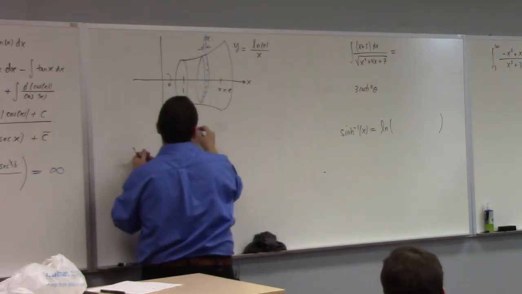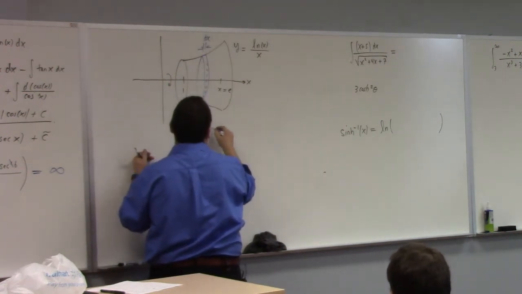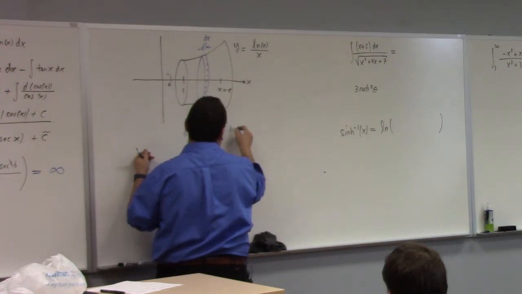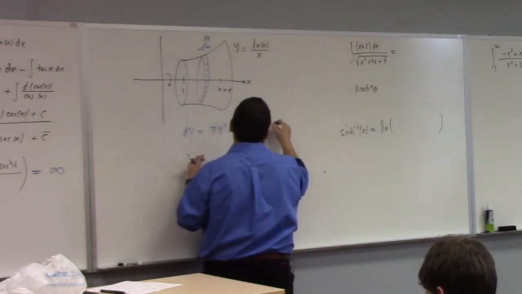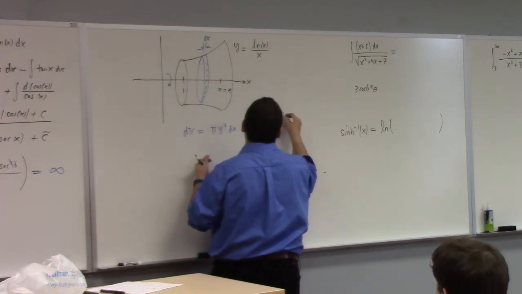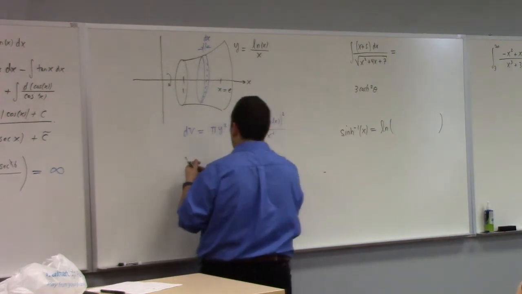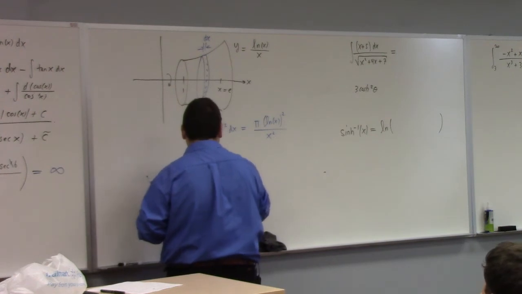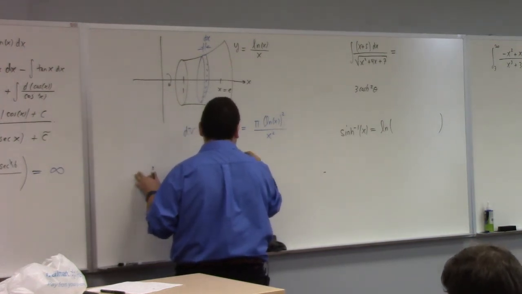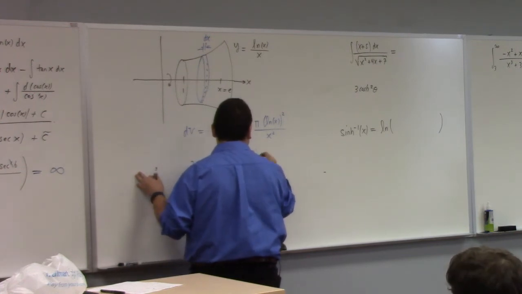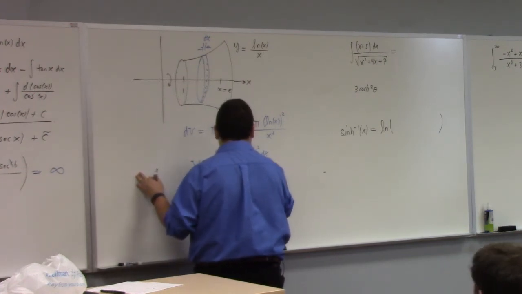The volume of that little slice would be pi y squared dx, which in this case would be pi natural log of x quantity squared divided by x squared. The volume then should be the integral from 1 to e of pi natural log of x quantity squared dx over x squared. How do we do that integral?